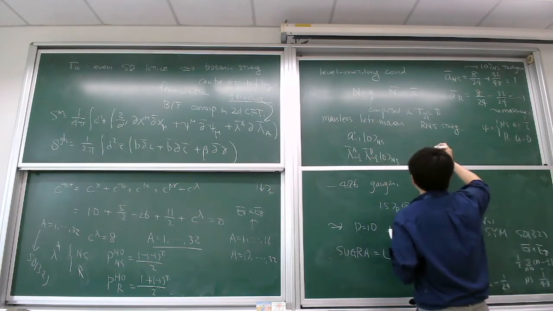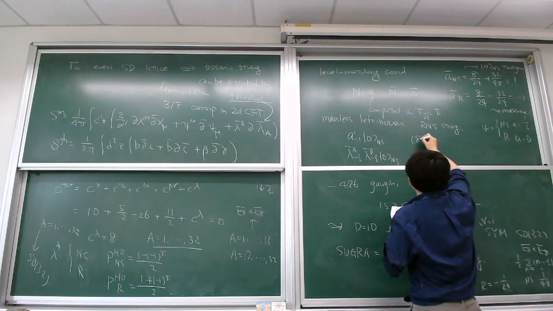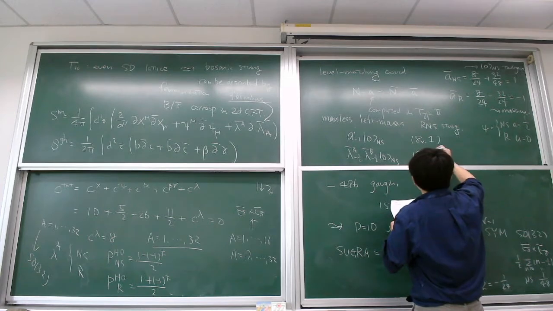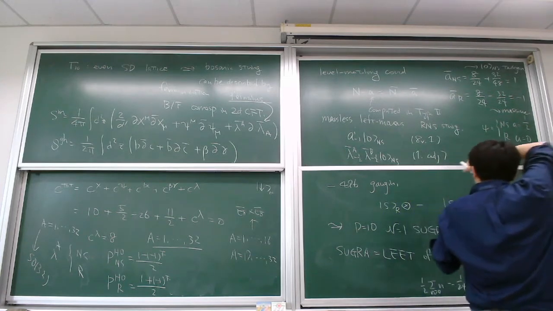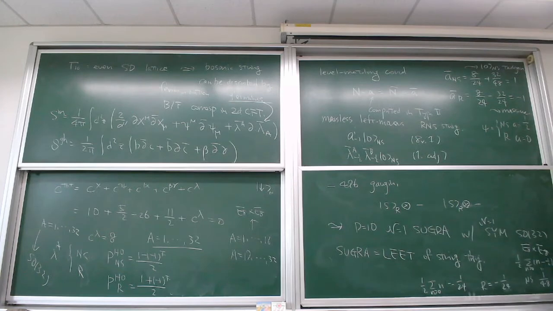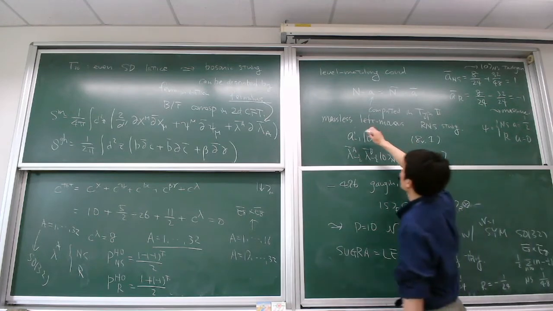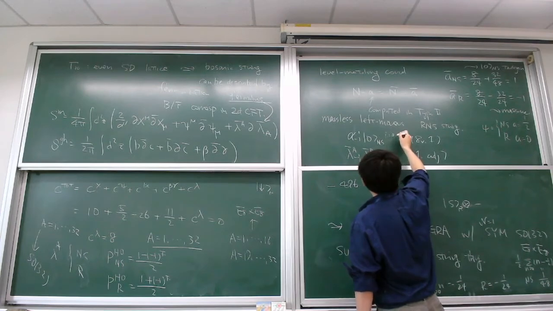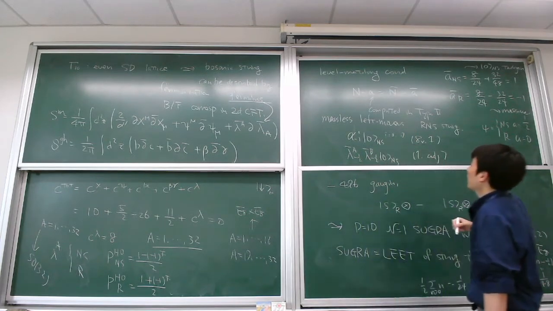And as you can see, this one is alpha, so sorry, this is alpha. I runs over the right-moving gauge.